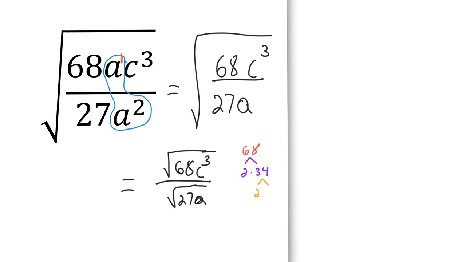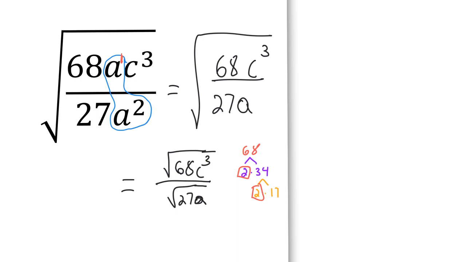So you can multiply 2 times 17. 17 is a prime number. So you cannot break that number down, but we can make pairs. These two right here and these two right here make a pair. So that means that these will go outside of the radical and the 17 stays inside.